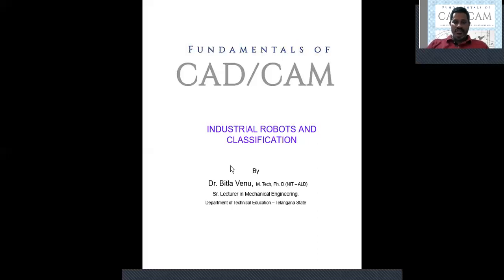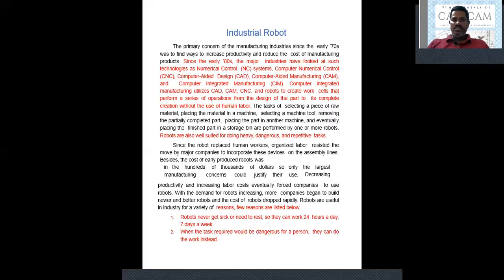So let me move further to see the content of introduction to robots. Basically, robots are used to increase the efficiency of the plant. In any industry, there are some instances in which humans cannot enter, humans cannot work.